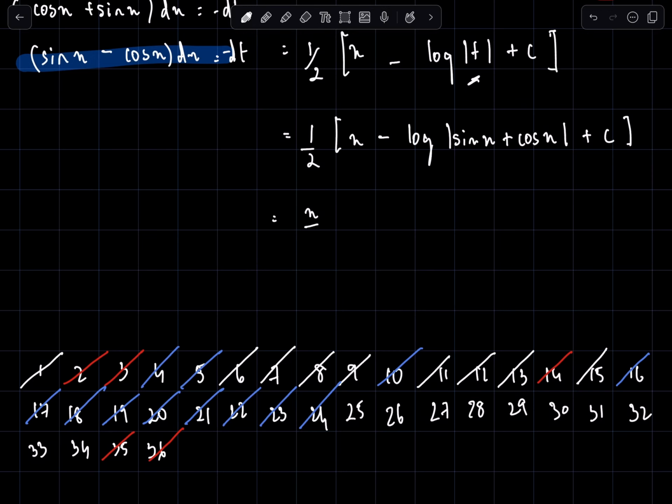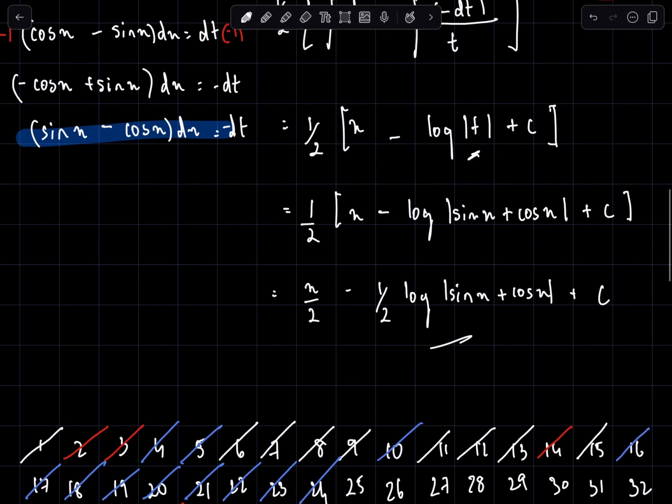So this would be x over 2 minus half of log sine x plus cos x plus c, because half times c is half of c, which is still a constant, so you don't have to worry about that. This was a big question, a good marking question.